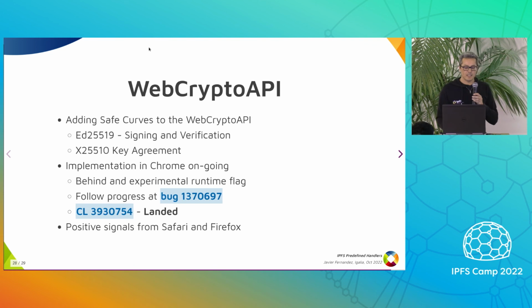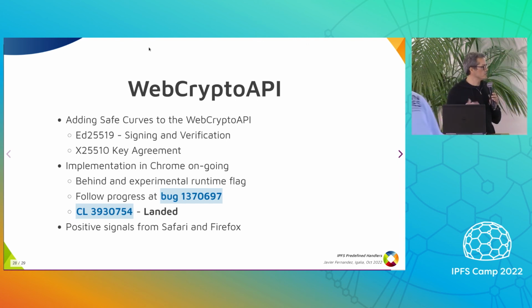And finally, the last thing we were working on, not related to protocol handlers, but also a benefit for the web platform, is the WebCrypto API improvements to add safe curves. We are working on adding the Edwards curve, Ed25519, and the key agreement algorithm.